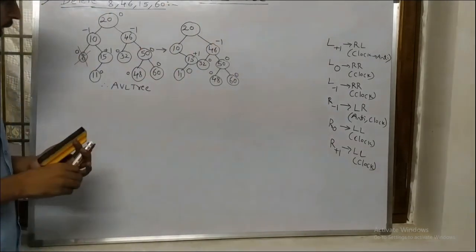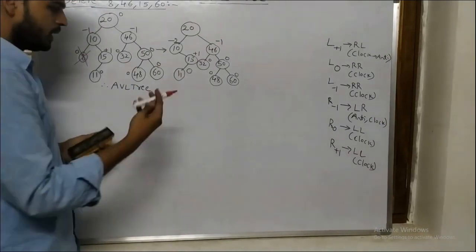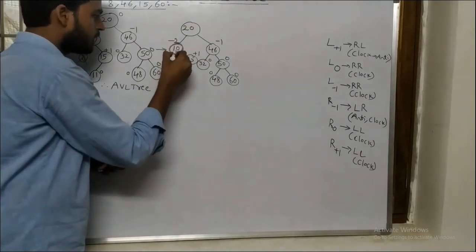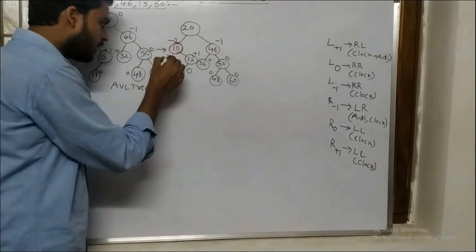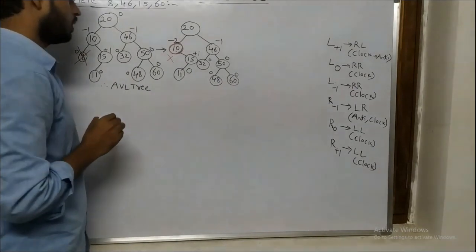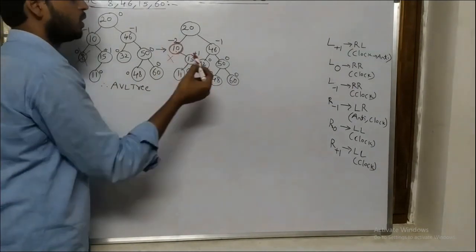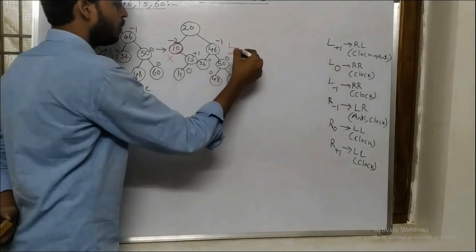Okay, see here, I got a balance factor of minus 2. This balance factor minus 2 means this critical node occurred because of deleting a node on the left side, and whose right child is plus 1. So what kind of notation do I need to apply? I need to apply the L plus 1 notation.